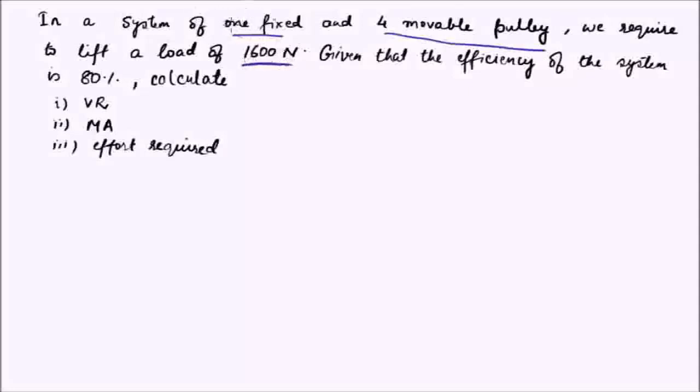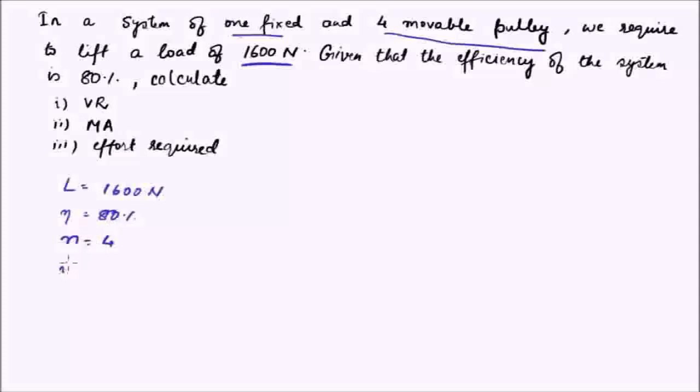So this is the system in which we have multiple movable and one single fixed pulley. So this is the first type of combination of pulleys that we discussed in the previous lecture, and we are told that the efficiency is 80%, and let us write down the load is equal to 1600 newton, efficiency is equal to 80%, and number of movable pulley n is equal to 4.